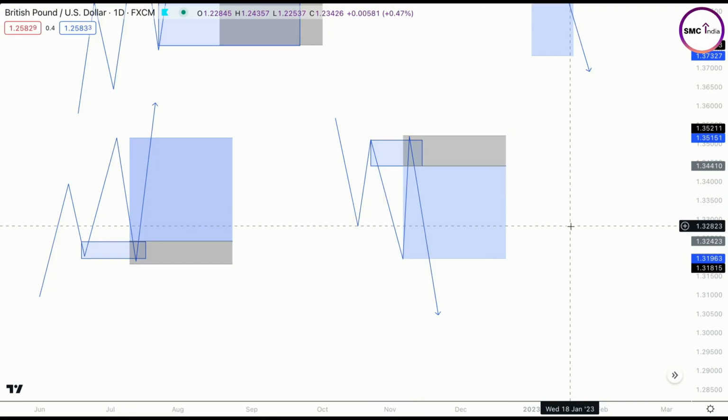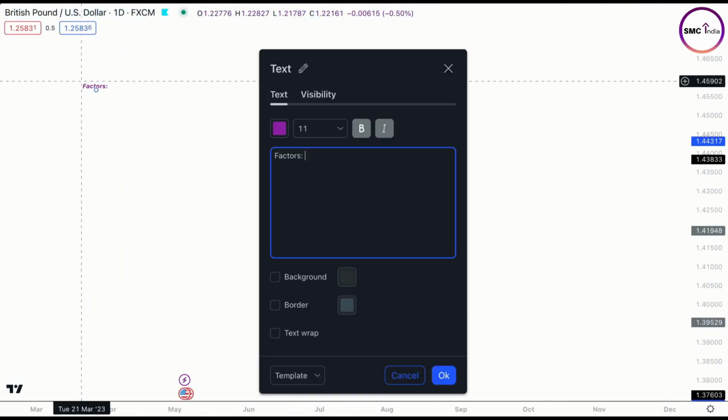And now coming to the take profit levels. These are the important factors which determine your different take profit levels. The first one is supply or demand zone.